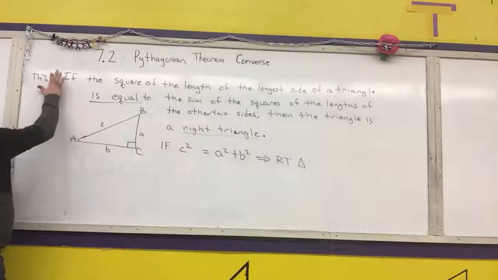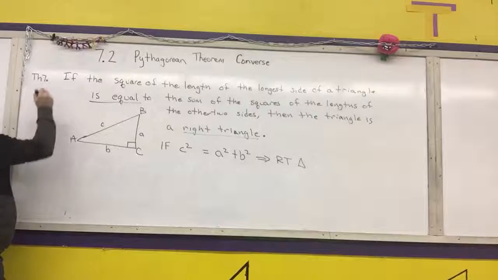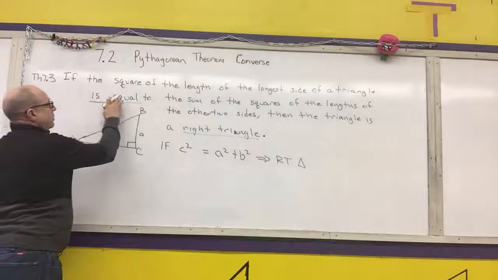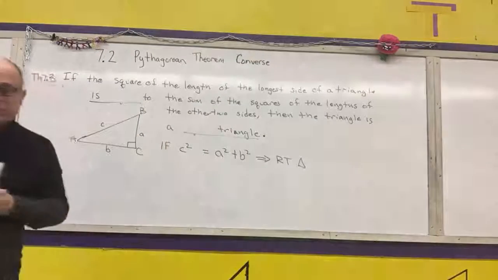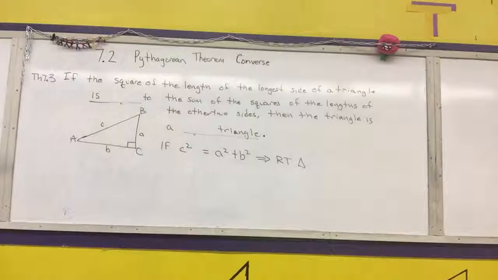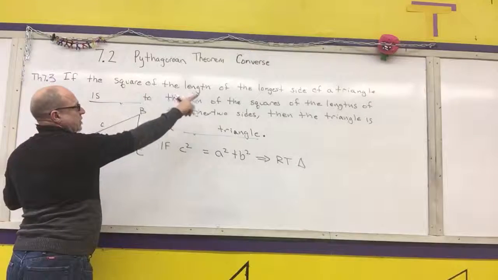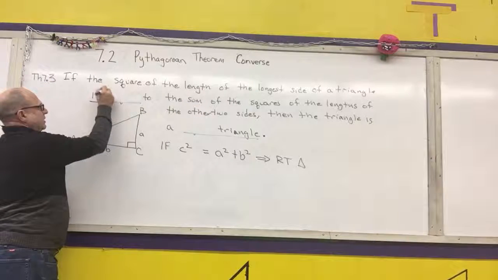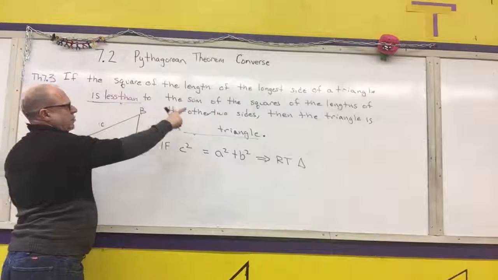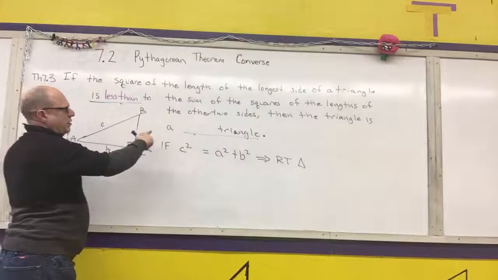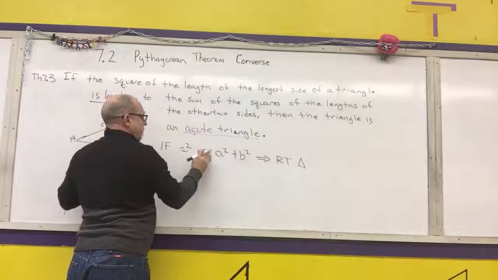So, the only difference between Theorem 7.2 and 7.3 is as follows. 7.3: if the square of the length of the longest side of a triangle is less than the sum of the squares of the lengths of the other two sides, then the triangle is an acute triangle.